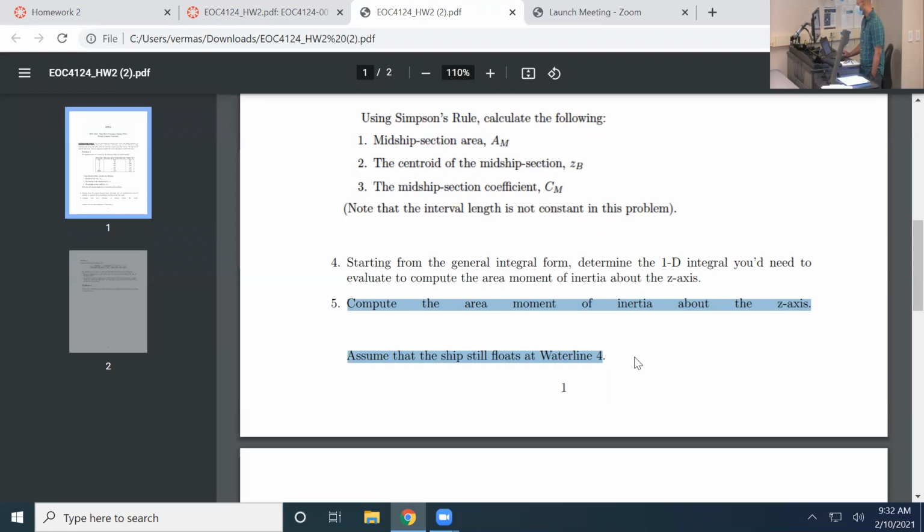Okay, so let's see. First, what does it say? Determine one moment z-axis. Okay, let me switch this.